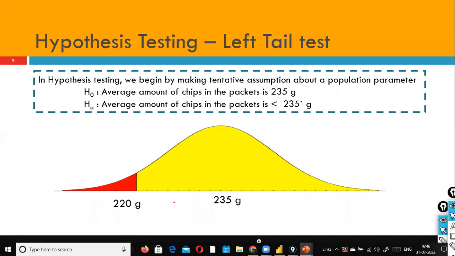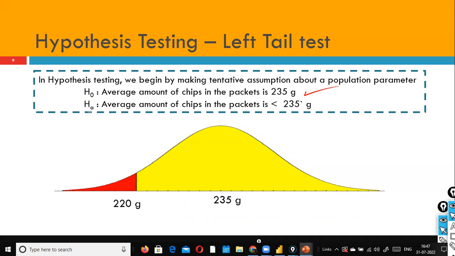Now if I write the statement, the hypothesis, null hypothesis and alternative hypothesis. For the null hypothesis, we use the notation H sub 0: the average amount of chips in the pack is 235. We are simply assuming that whatever somebody says is true. That is your null hypothesis.